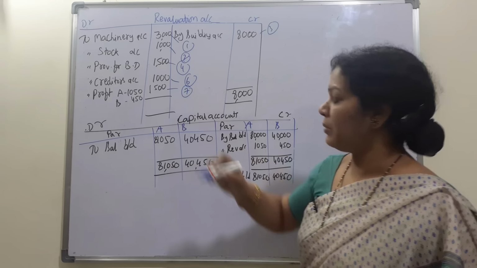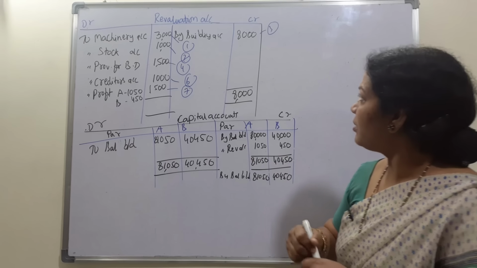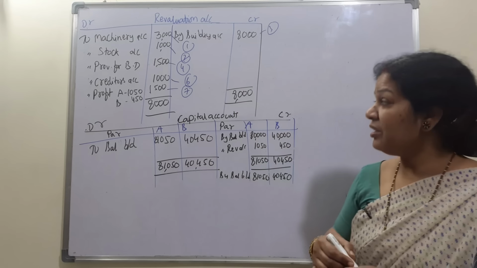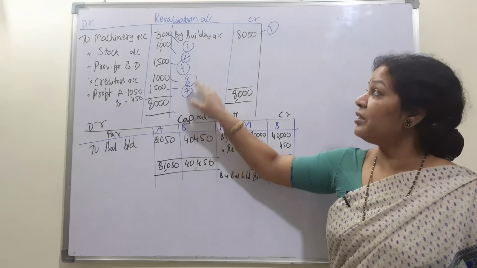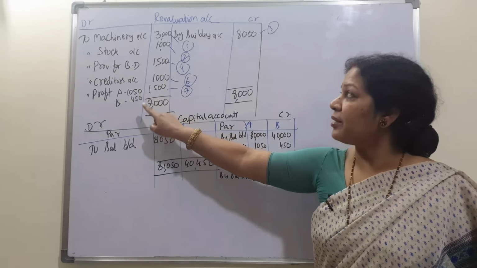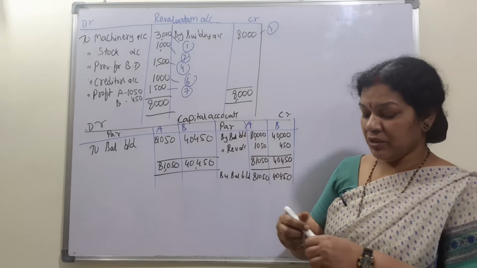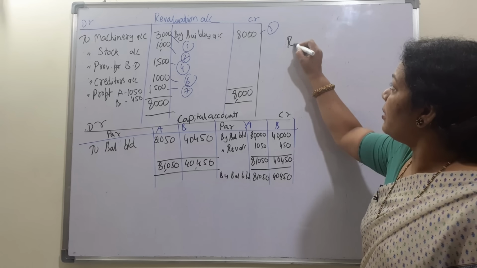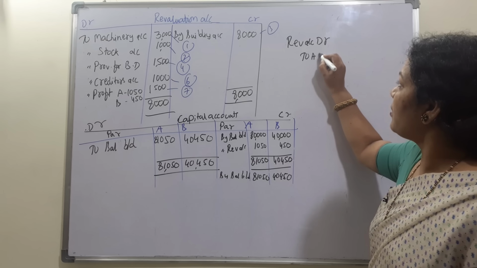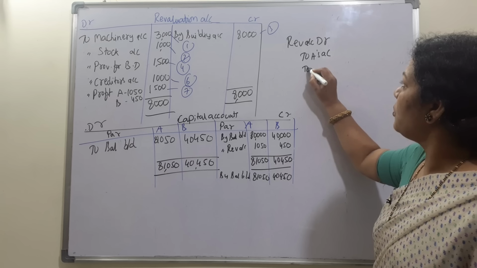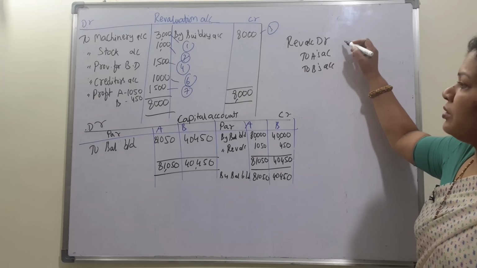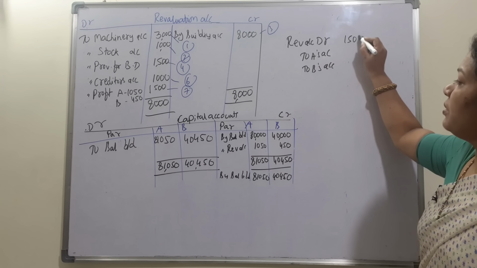Sixth is over, no? Seventh one. Forgot to write this 8,000. So the seventh entry is profit. For profit, revaluation account attached to A's account, B's account. So the total amount is 1500.